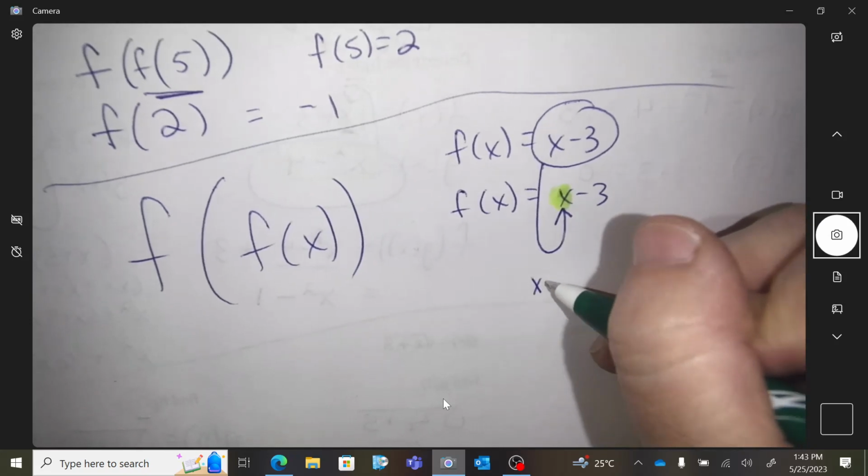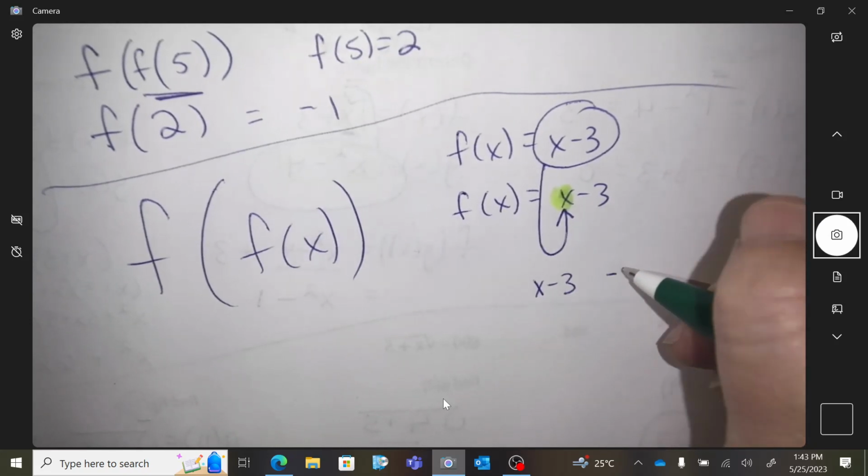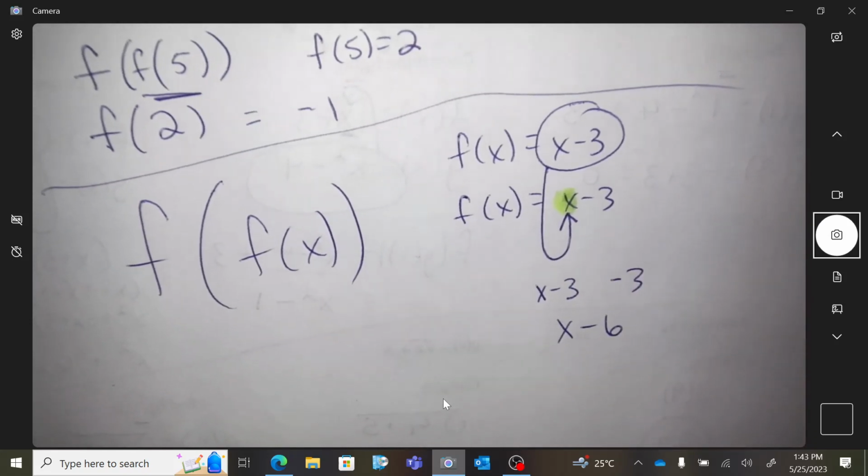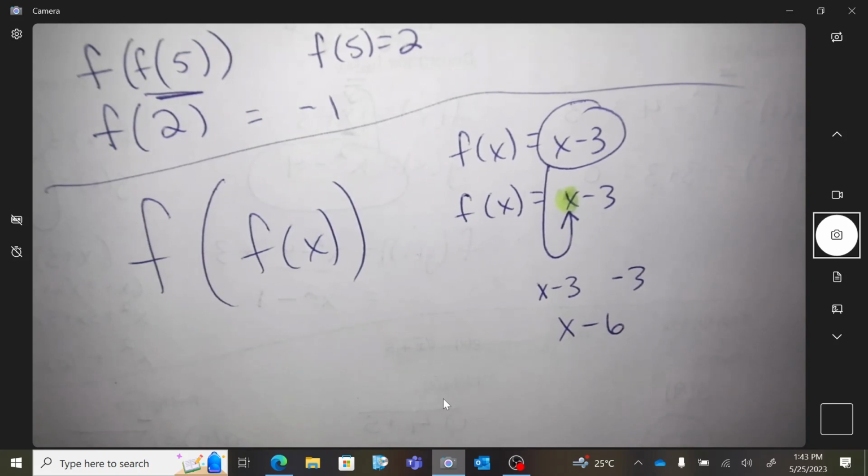So I would get x minus 3 replaced, minus 3, x minus 6. Okay, so I might re-plug into the same function, but you're doing the exact same thing as we were doing, if you see that.